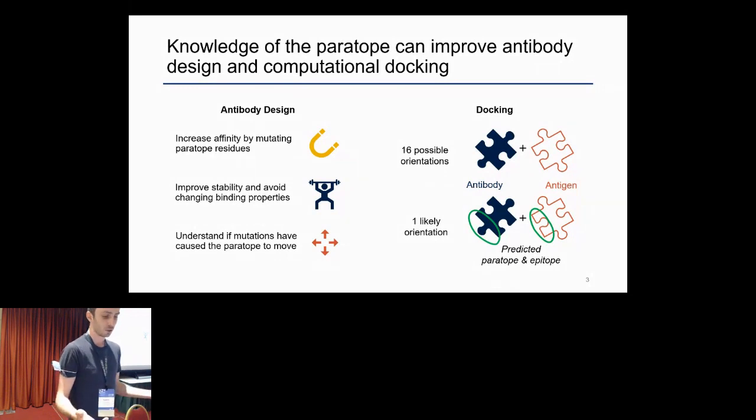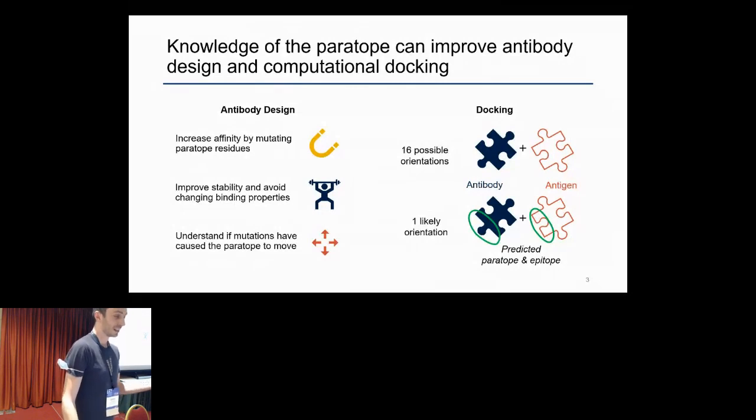So it's a huge combinatorial problem. Knowledge of the paratope and knowledge of the epitope, the binding site on the antigen, could really reduce the search space. It wouldn't be quite like that, but we'd be able to reduce it to a hopefully much smaller, possibly searchable space, and we're more likely to get the accurate complex out the other end, and to do so faster than current methods allow.